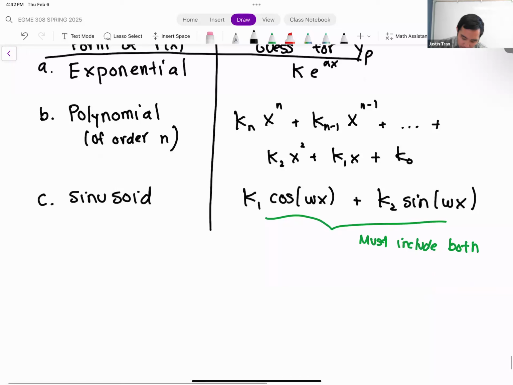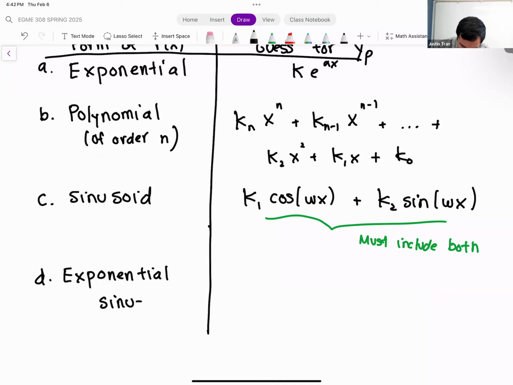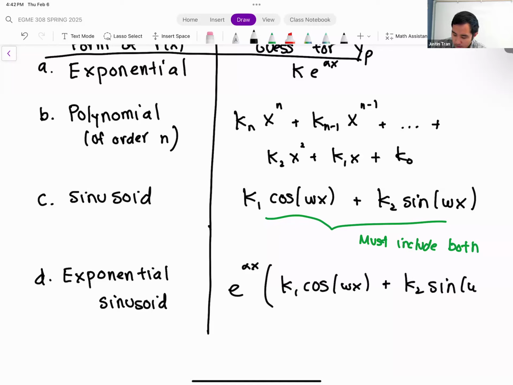Okay, so those are the main ones. There's one more special case, because it appears very commonly in engineering applications: the product of an exponential and a sinusoid. In those cases, your guess is going to be e to the alpha x multiplied by K1 cosine of omega x plus K2 sine of omega x.